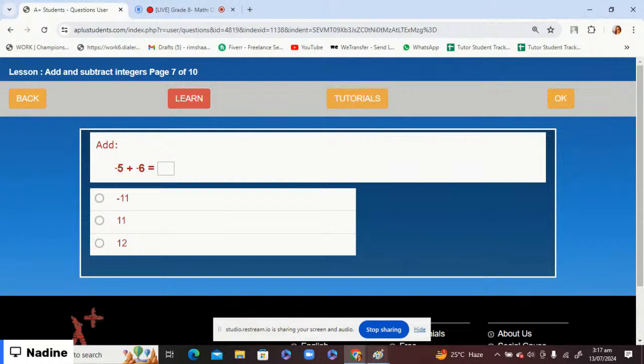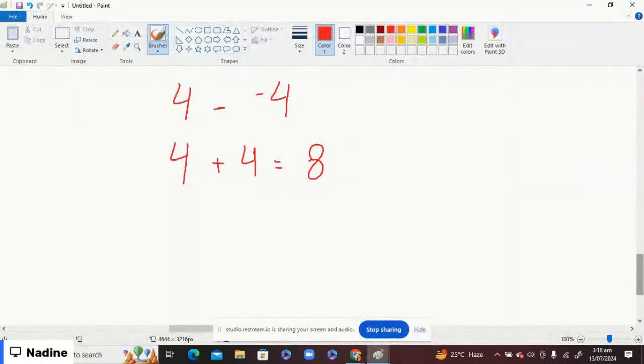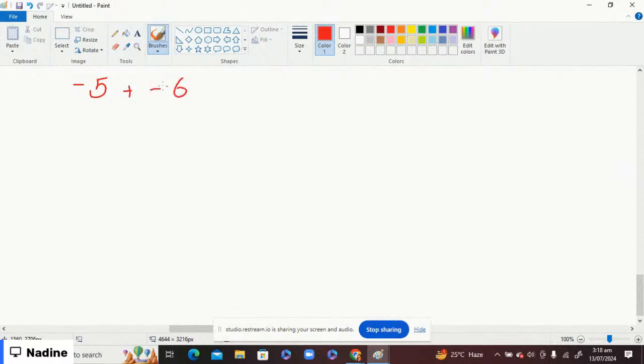Minus 5 plus into minus 6. Let's check. Now you guys tell me how we can solve this one. Here it's minus 5 plus minus. If there is one plus and one minus, what's the answer?